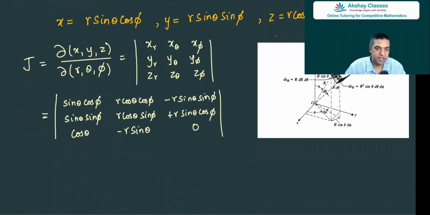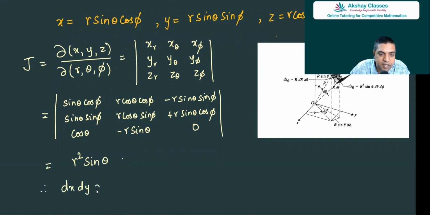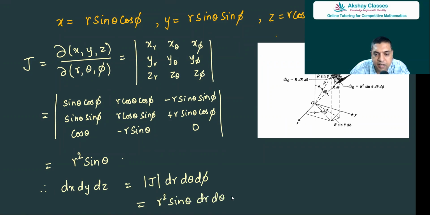So when we evaluate this, I'll not do it. You can try to solve this. The final answer you will see, you will just get r square sine theta. Therefore, dx, dy, dz will be changed to Jacobian times dr, d theta, d phi, which is r square sine theta, dr, d theta, d phi.